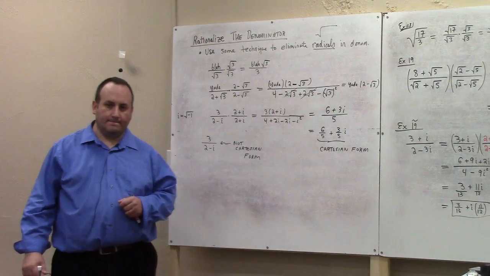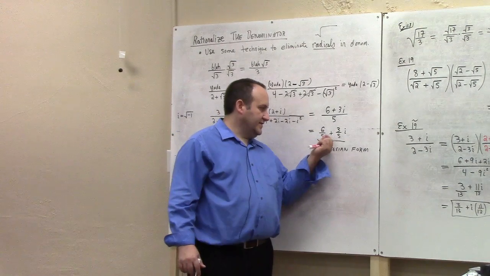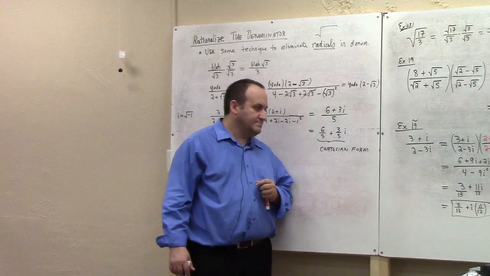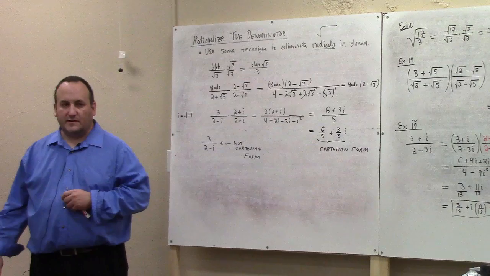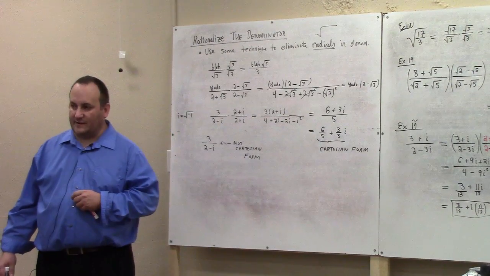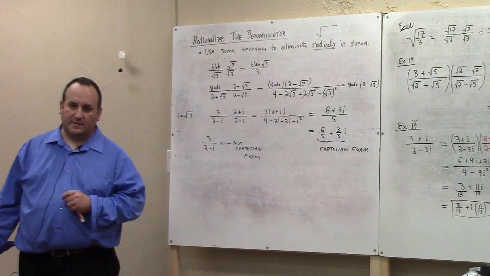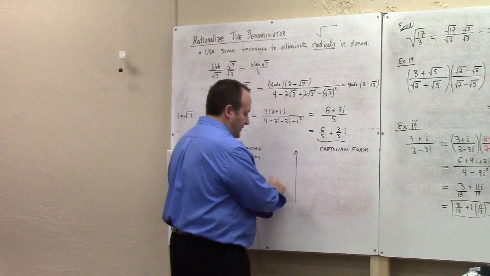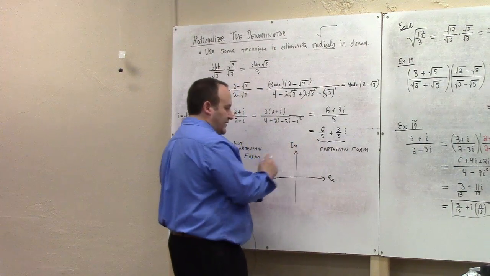So is that Cartesian form? Cartesian form is when we write it as a number plus another number times i. When you write a complex number in Cartesian form, you can easily see where it is in the complex plane. The complex plane is just like R2. You draw the real axis this way, and the imaginary axis that way.